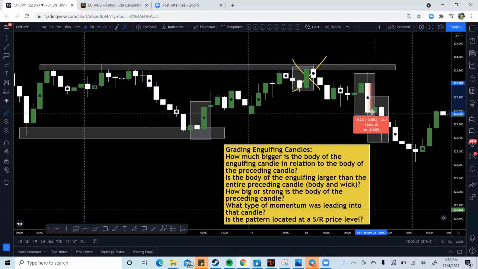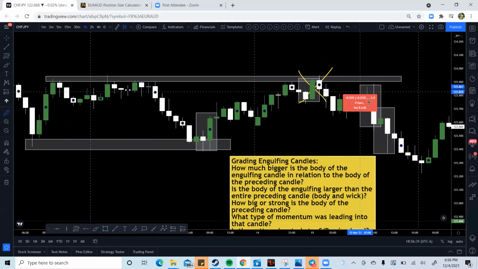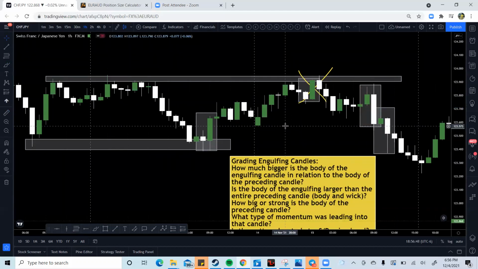That's a 22 pip candle body. This whole candle is a 14 pip candle, the entire body and the wick. So yes, the body of the engulfing candle is larger than the entire preceding candle.